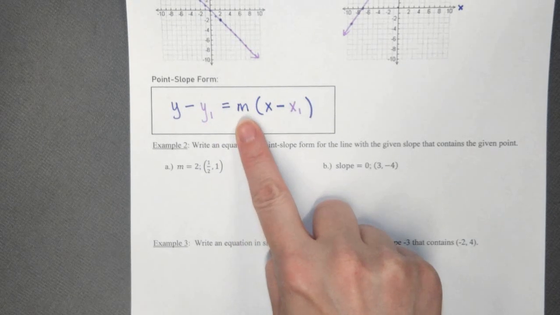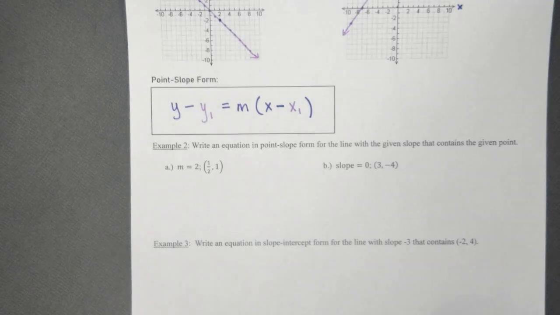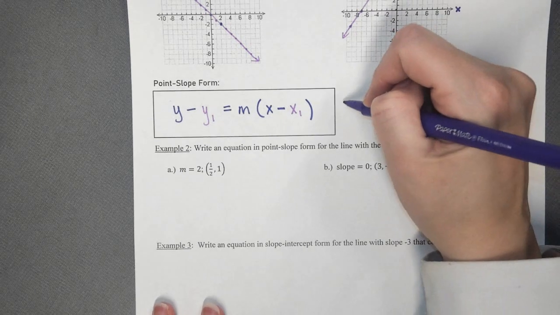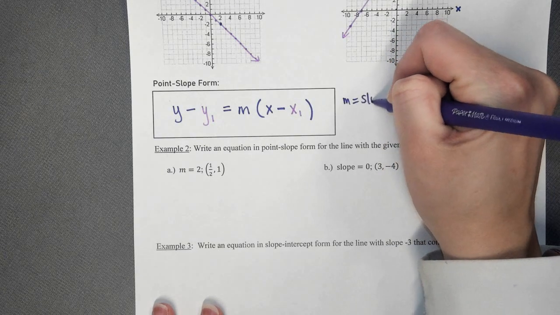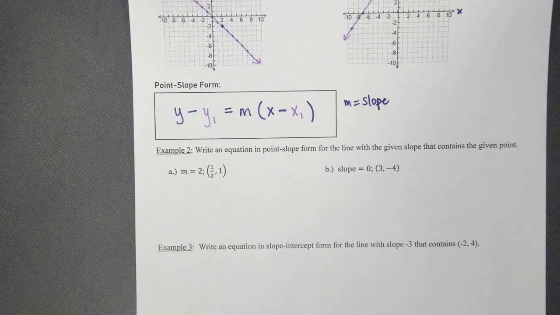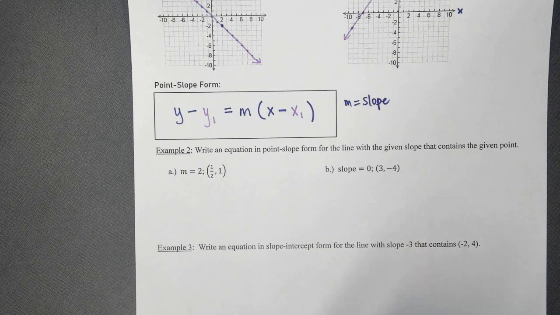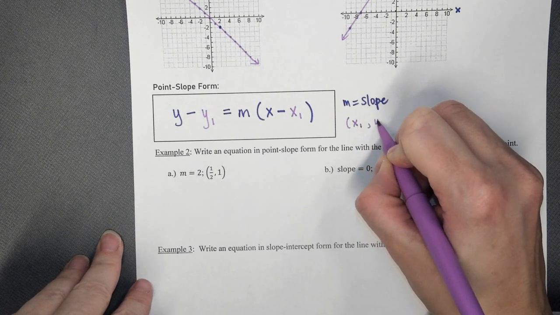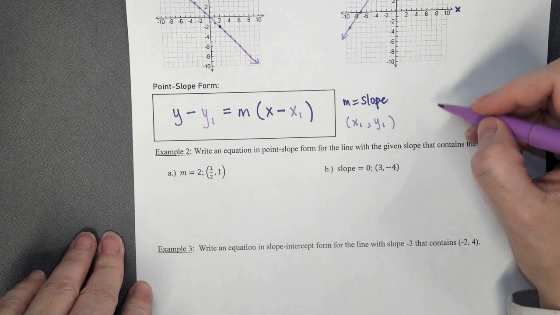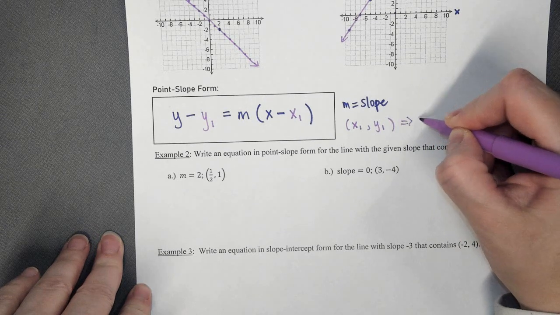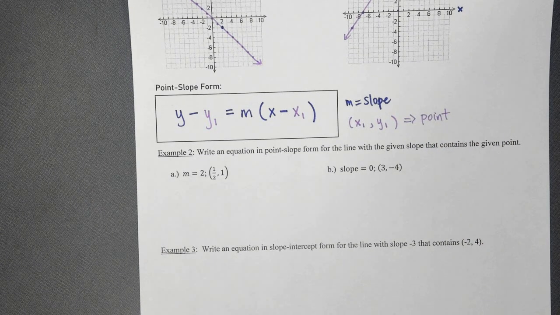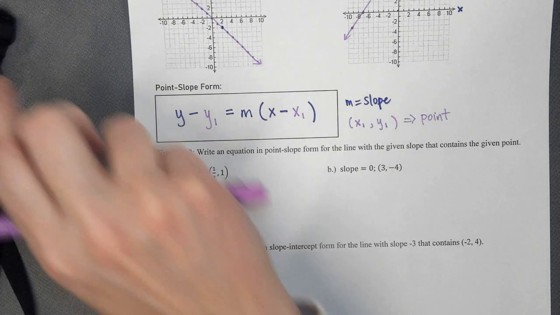You need the m. What does m stand for? Slope. Yep. Okay, so you have to have the slope of the line. The other thing you have to have is a point. Now, the point, we're going to label x1, y1. Okay, so you have to have a point, and you have to have the slope.